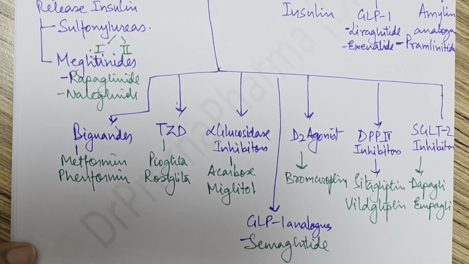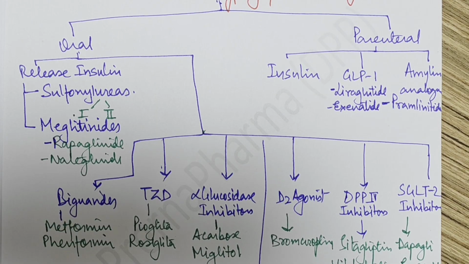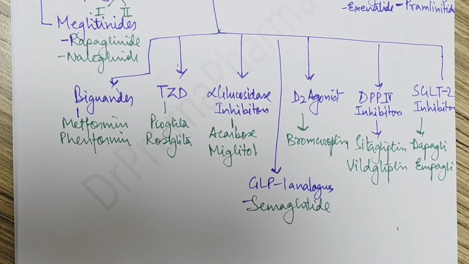Right, so this is the classification. So insulin secretagogues are sulfonylureas and meglitinides, and then drugs acting by other mechanisms are biguanides, thiazolidinediones, alpha glucosidase inhibitors, dopamine agonists, DPP4 inhibitors, GLP-1 analogs, and SGLT2 inhibitors.